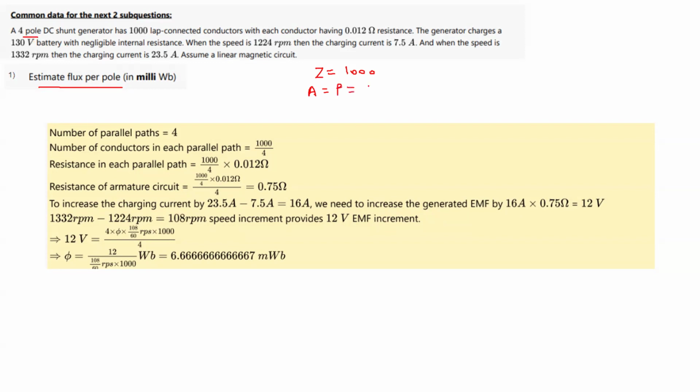Now what about the number of conductors per parallel path, which is Z by A. So this comes out to be 1000 by 4, so there are 250 conductors in each of the parallel paths.